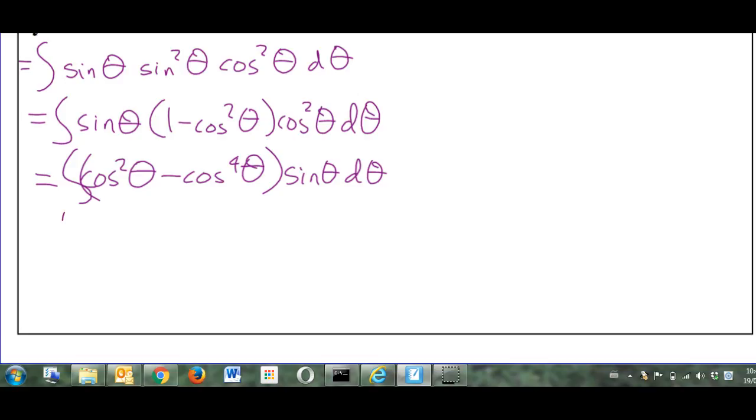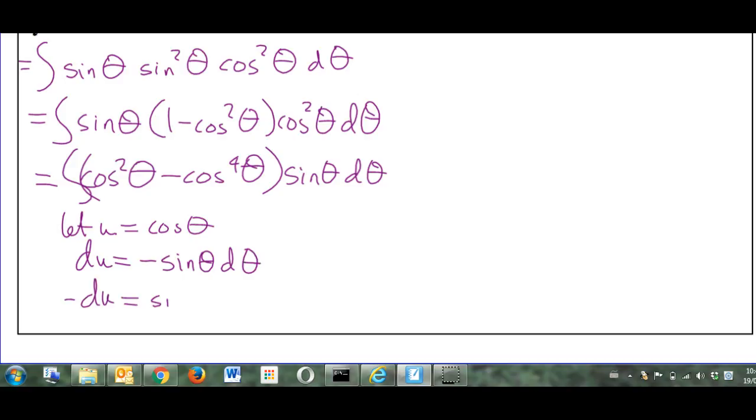So at this point we say let u equal cos theta. And du is equal to, what's the derivative of cos? Minus sine theta. A lot of people lost points because it's negative sine theta, not sine theta. So minus sine theta d theta, which means negative du is sine theta d theta.